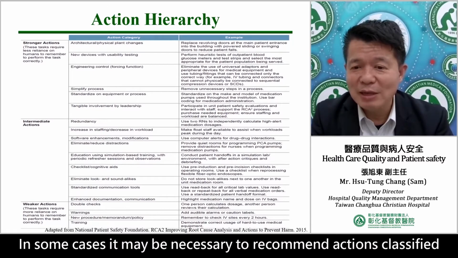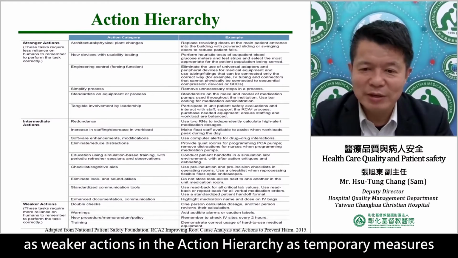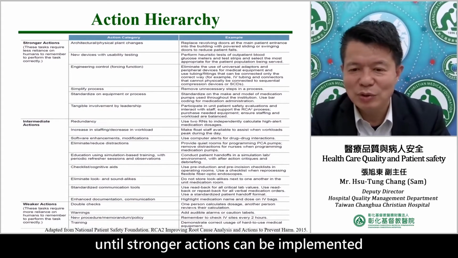In some cases, it may be necessary to recommend actions classified as weaker actions in an action hierarchy as temporary measures until stronger actions can be implemented.